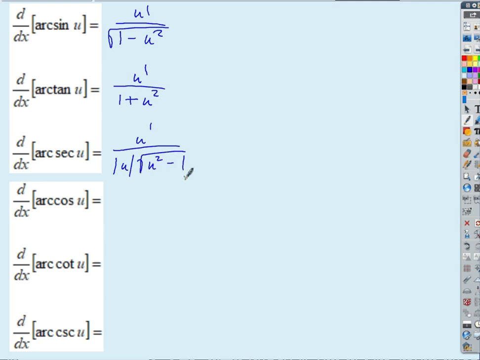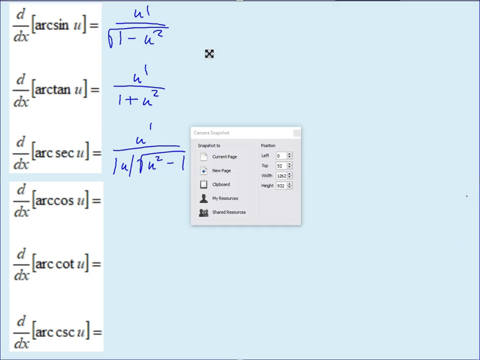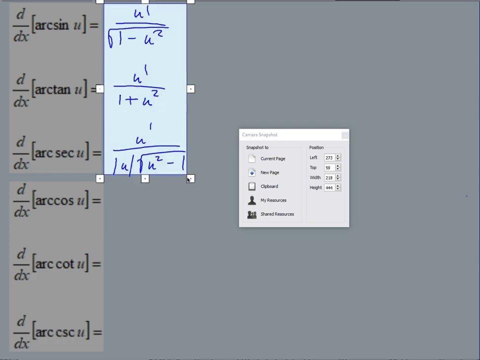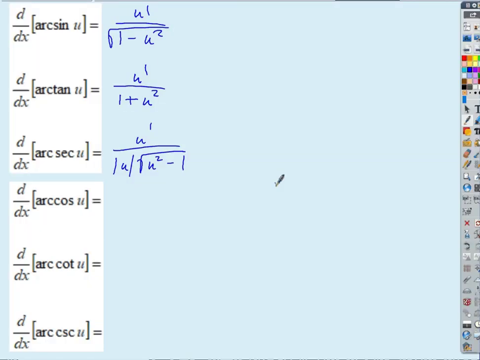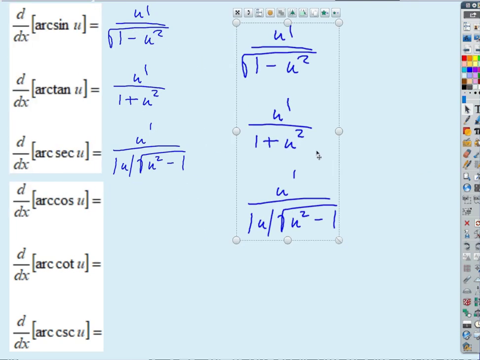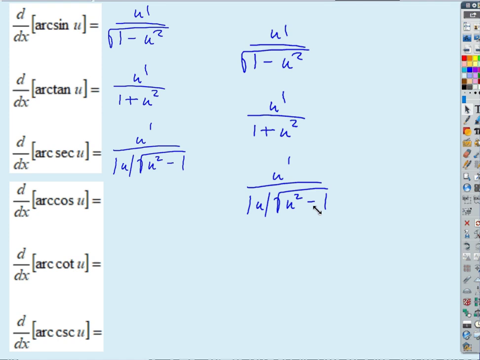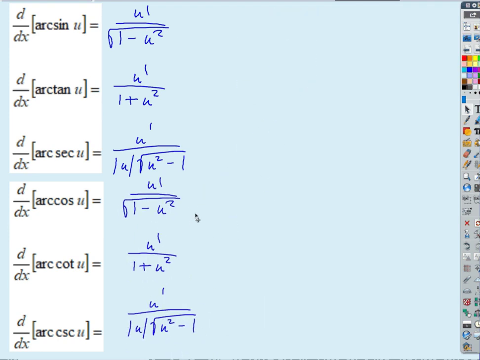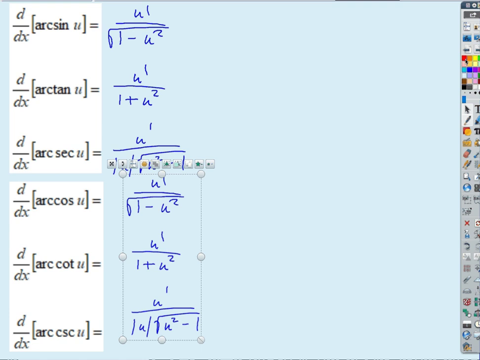Okay, and here's the trick, right? All I've got to do to get the other ones is just multiply all those by -1.